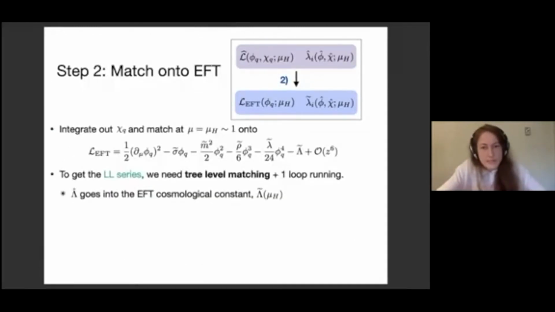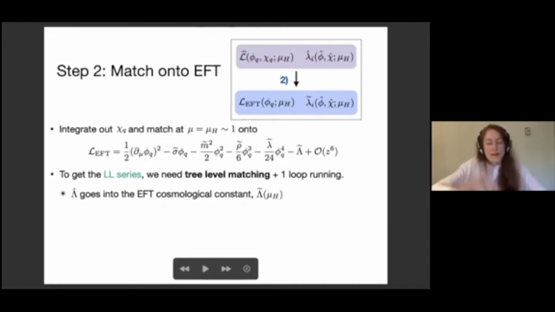So step two is I want to integrate out chi quantum and match onto the EFT. In particular, we'll take the matching to happen at some heavy scale, call it mu heavy, mu high, which is order 1 in our power counting. And we'll match onto an EFT which depends on the light field phi quantum.